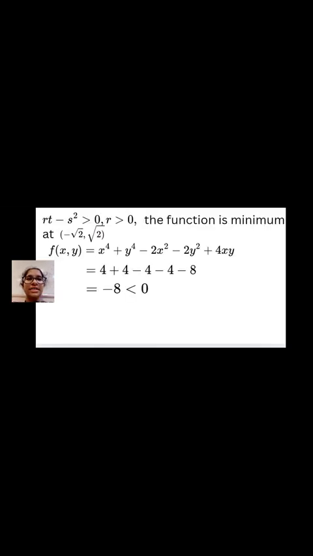Next, rt - s^2 is greater than 0 and r is greater than 0. The function is minimum at (minus root 2, root 2). f(x, y) = x^4 + y^4 - 2x^2 - 2y^2 + 4xy. 4 + 4 - 4 - 4 - 8, cancelling all 4's we get minus 8, that is less than 0.